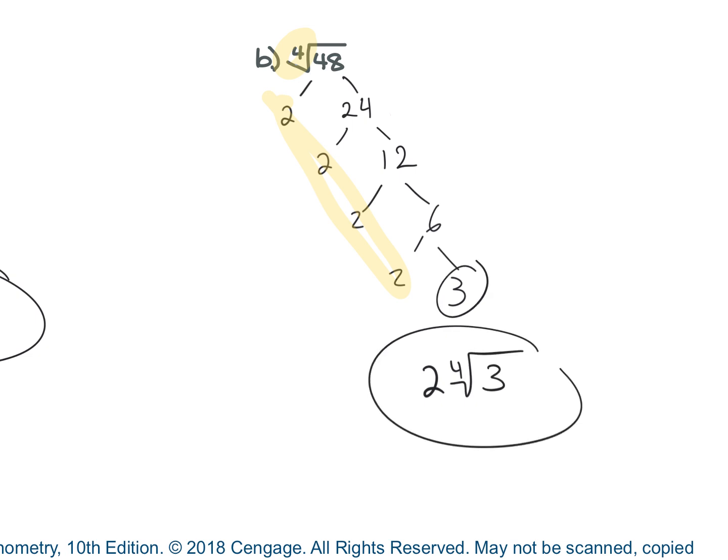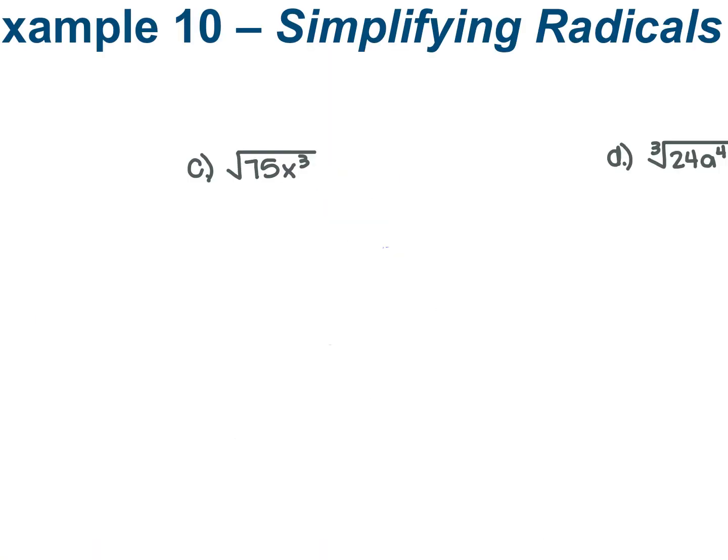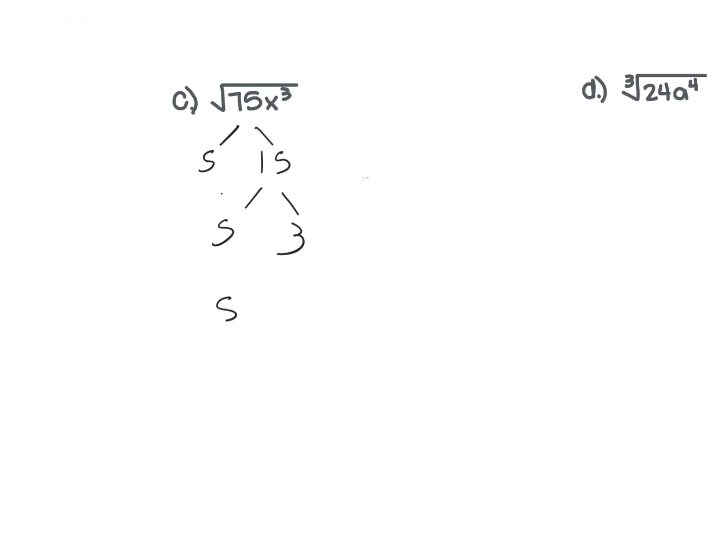So for C, I'm just going to go ahead and factor the 75. So I'm going to separate it into 5 and 15, 5 and 3. So I can go ahead and, because it's a normal square root, I just take out the pair. So it's going to be 5 root 3x cubed. Now, but the x also can be simplified.